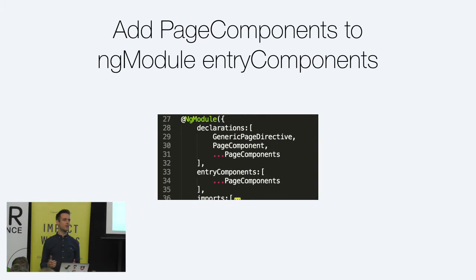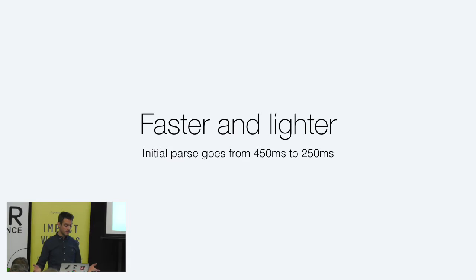That way, the tree shaker won't shake away those pages, because otherwise the components wouldn't be there at runtime. I've chosen to use the spread operator just to make it clear that I'm spreading out a list of page components, but you don't really need to, because the ng module automatically handles merging nested arrays.